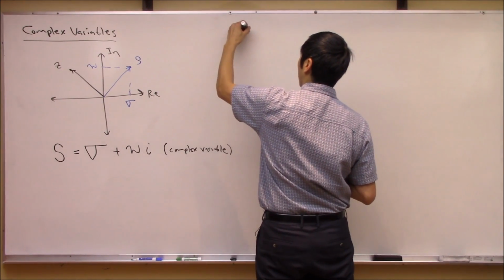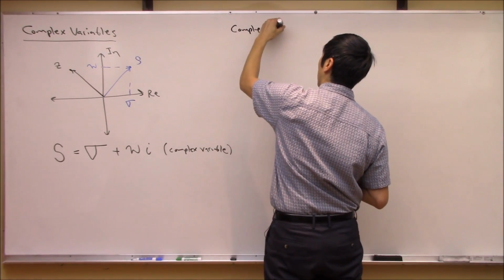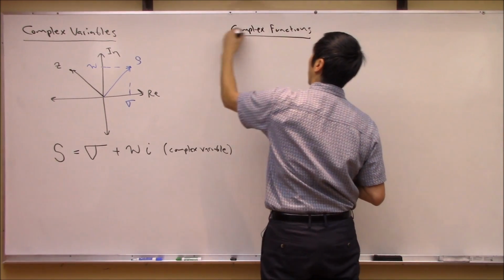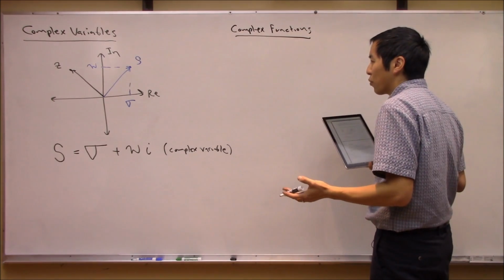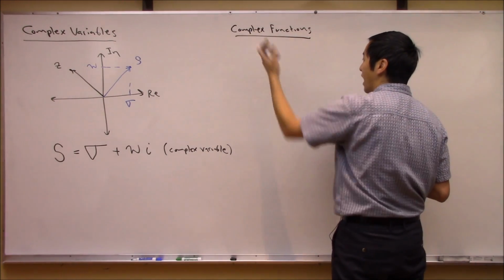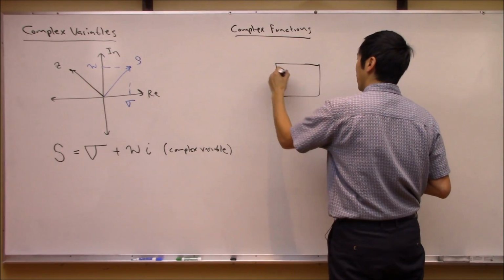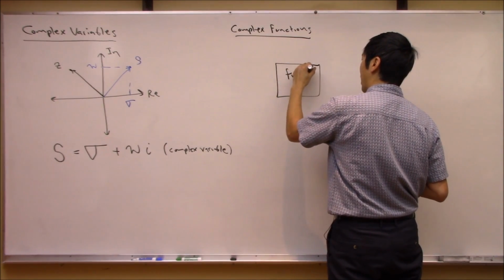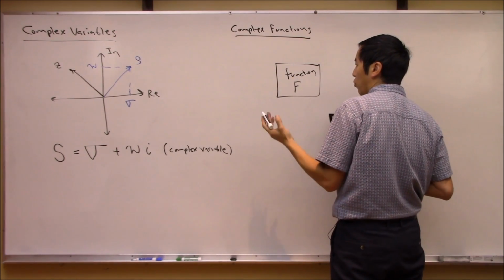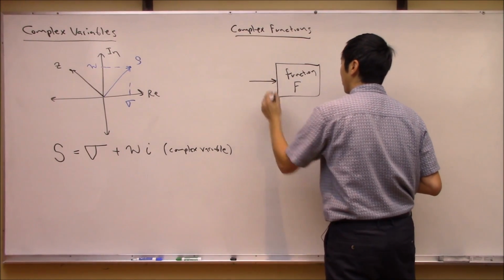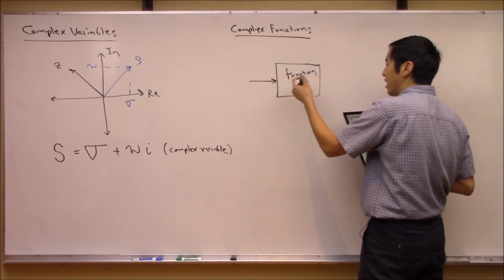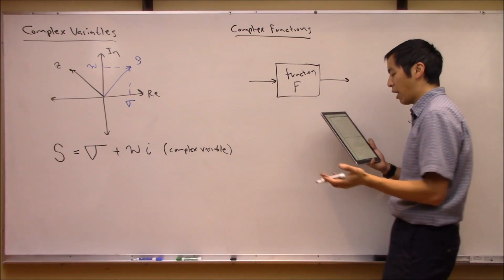How about complex functions? Again, this isn't really that complicated. It's just the adjective complex in front of the word function. What does a function do? If you have some function, let's call it f. In a normal, real situation, a function is something where you give it some inputs, it does something to the inputs, and it spits out some outputs.